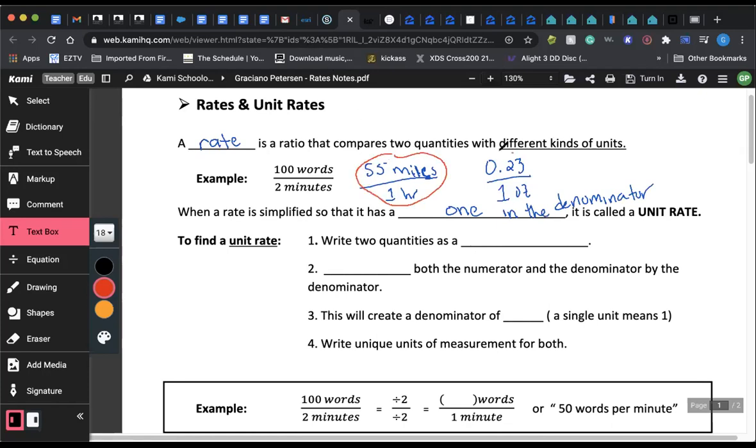So when I simplify my rate so that there's a 1 in the denominator, it is known as a unit rate, okay? So 55 miles per hour is a unit rate, 23 cents per ounce is a unit rate, but 100 words in 2 minutes, because there's a 2 in this denominator, it is not a unit rate, it's just a rate, okay? So the difference between a rate and a unit rate is a unit rate has 1 in the denominator.